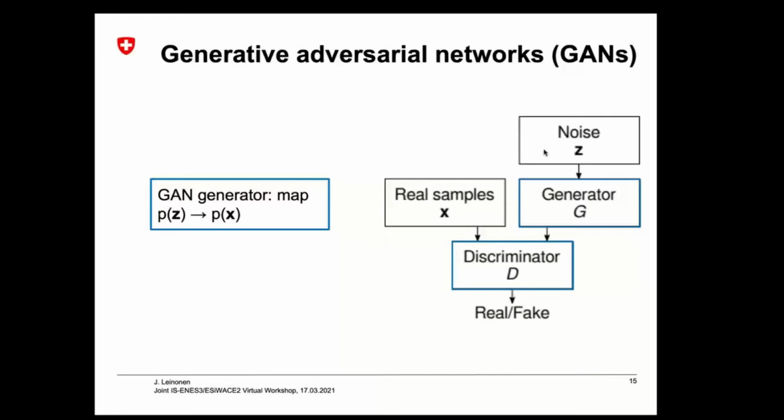The important thing to realize about this is that the data distribution is typically highly complex and highly spatially correlated in the case of images, whereas the noise distribution is very simple, as I said, typically independent, identically distributed variables. So we're able to map a simple probability space into a very complex one.